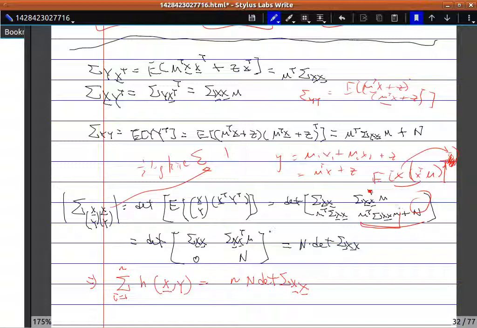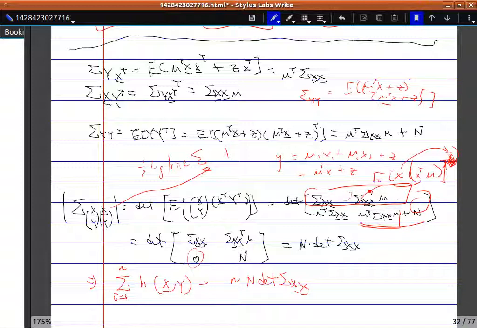Then if we compute the determinant, what we can do is multiply this first row here by mu transpose, and then subtract it from the second row. So I will get 0 here, and here I get mu transpose sigma xx mu plus n minus mu transpose sigma xx mu.